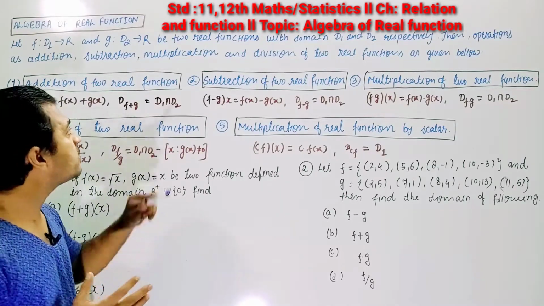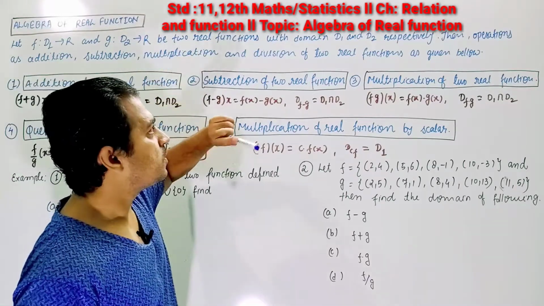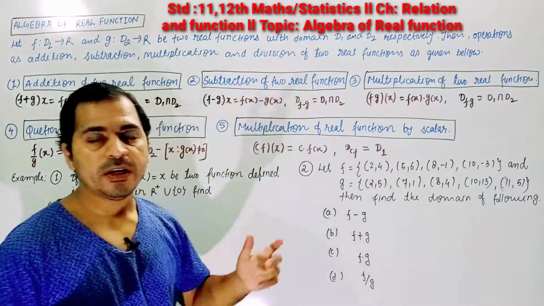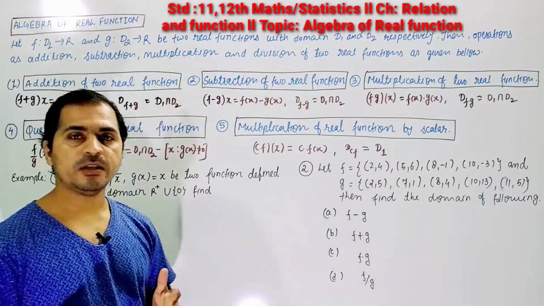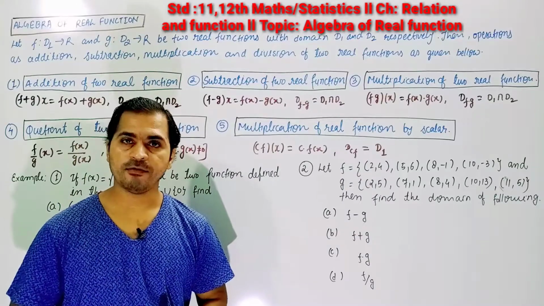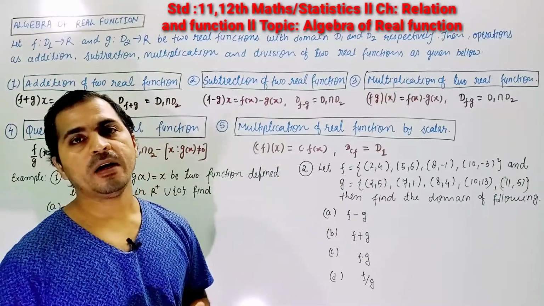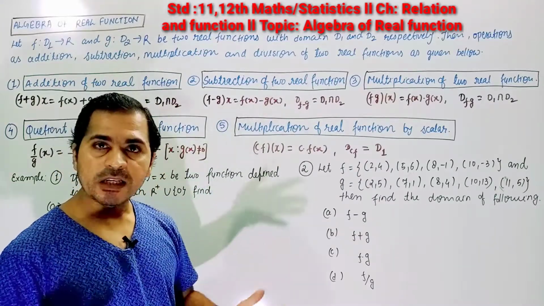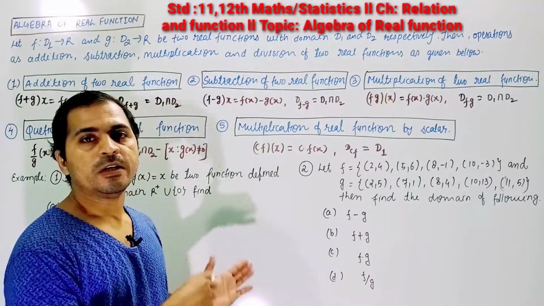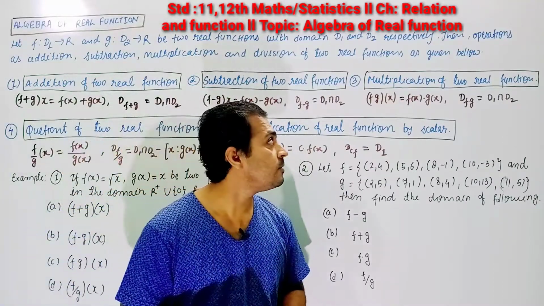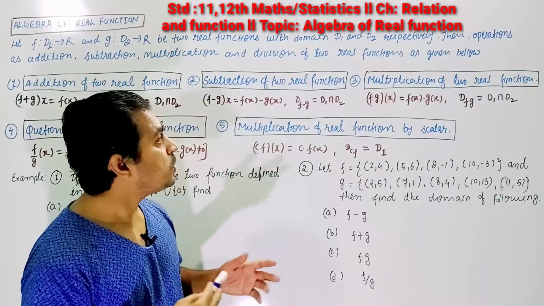Real numbers, right students? With two real functions with domains d1 and d2. Here we have considered two functions f1 and f2 having domains d1 and d2. These functions are defined from d1 to R and d2 to R.